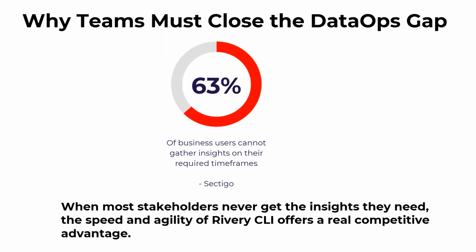So the Rivery CLI, in enabling this data ops workflow, helps to address that gap. As you might have known, ad hoc data pipeline development can be pretty messy, and errors can take days, if not weeks, to diagnose and fix. The Rivery CLI helps close this gap with the enablement of cleaner data ops practices.